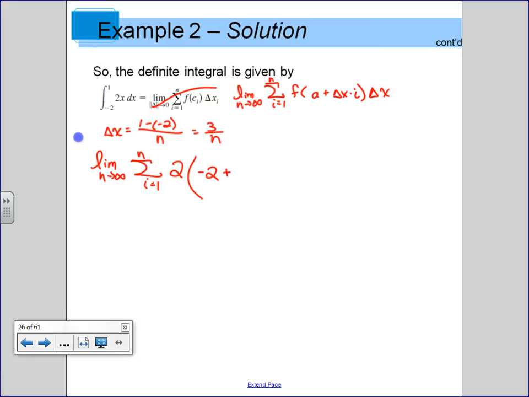So f of 2 times a negative 2 plus change in x, i, times change in x. So you guys were working on homework some last night. You were supposed to solve with the definition a couple times, so I'm just seeing if we understand it now a little better than yesterday.